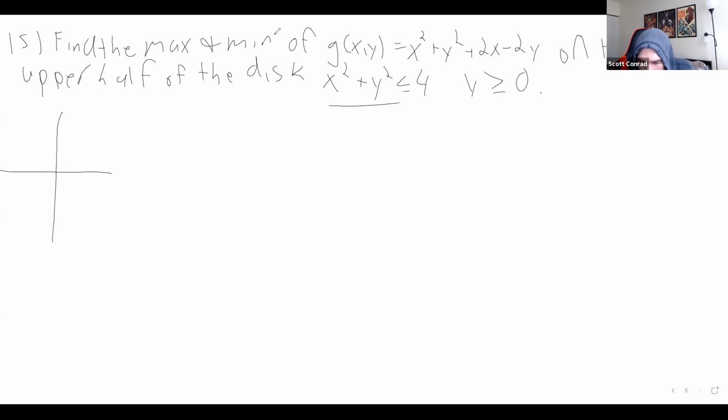So let me reiterate that. If you see an inequality somewhere in your max and min problem for the set of points you're considering, that tells you it's the two-step guy.